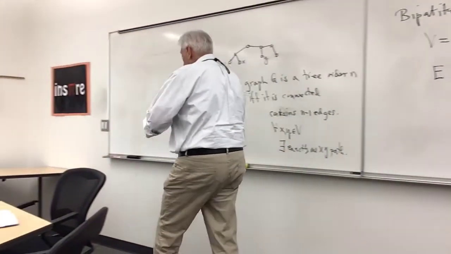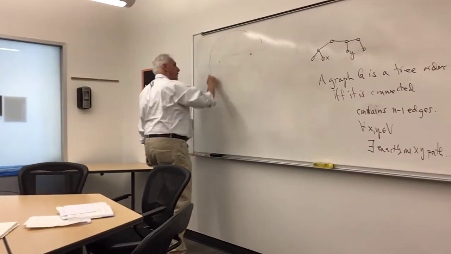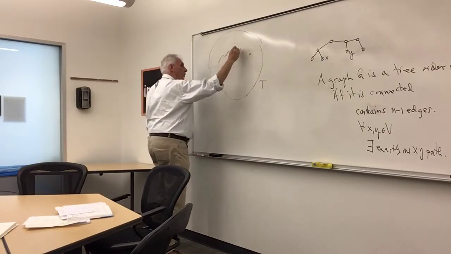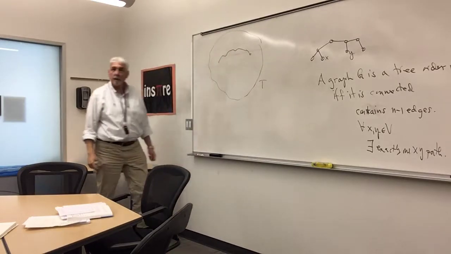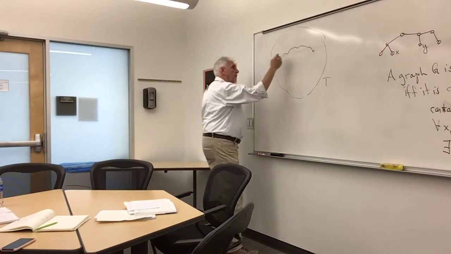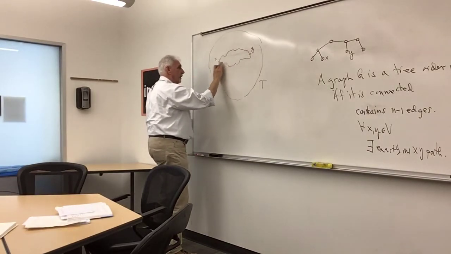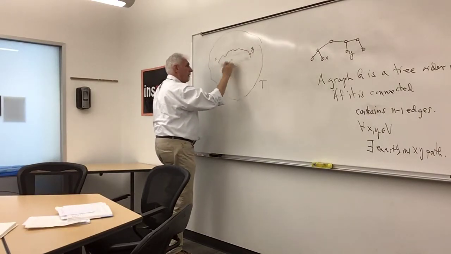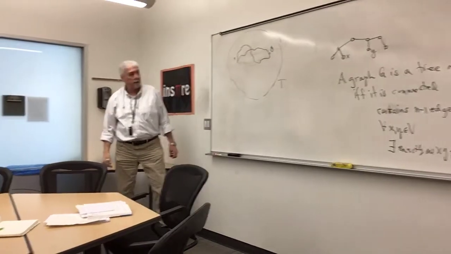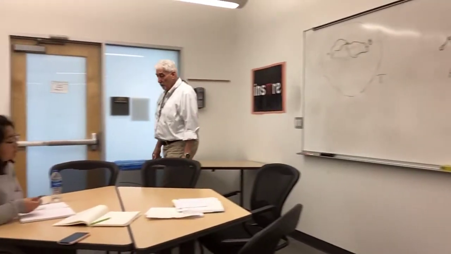So between any two vertices in a tree, imagine here's my tree, there's exactly one path between them. If there was a second path between these 2 points, now let's see, it doesn't have to go out, it could go like this. If there was a second path, then what would necessarily result?